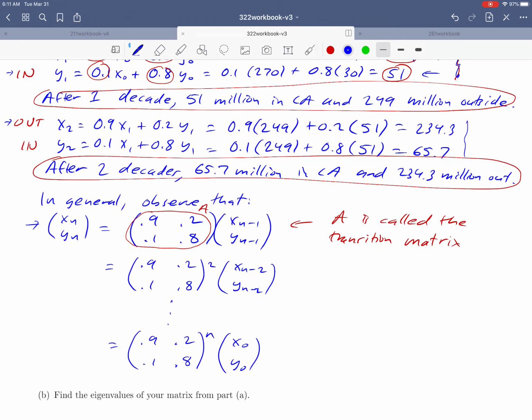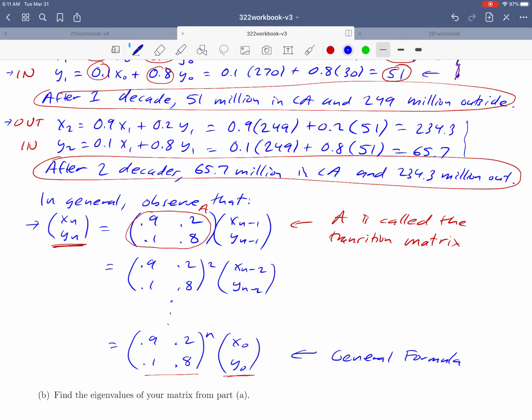So here's the general formula that they were asking us about. Just to summarize it, put it all together from start to finish: if you want to know what the population distribution is after n decades, that would be this vector up here. You're going to multiply the transition matrix by itself n times, multiply by the original data, and that should tell you the state of affairs after n decades. The problems that we do in this section are all going to have that flavor to them.